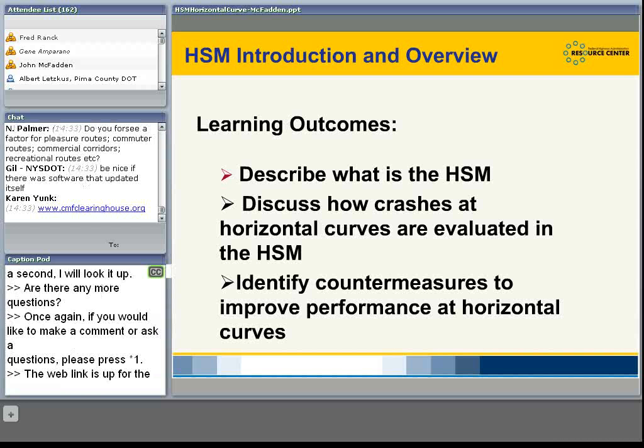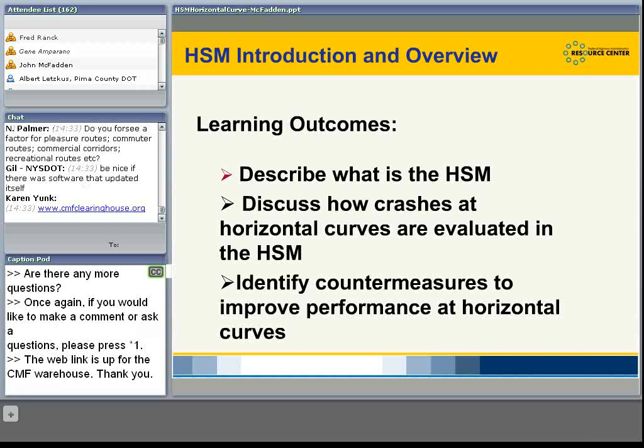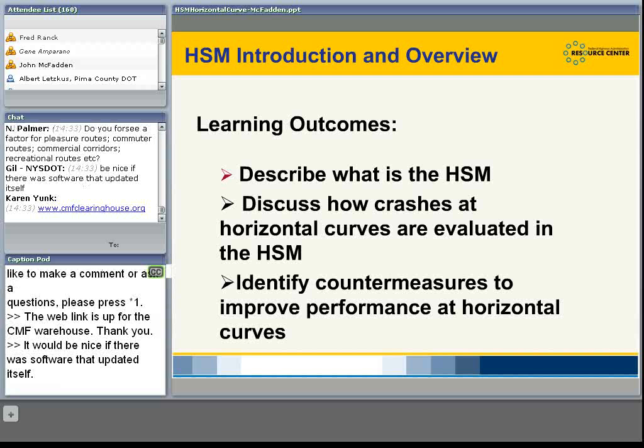We're going to continuously investigate how these attributes impact crash. So I encourage you to go to the Fed Highway warehouse on crash modification factors.